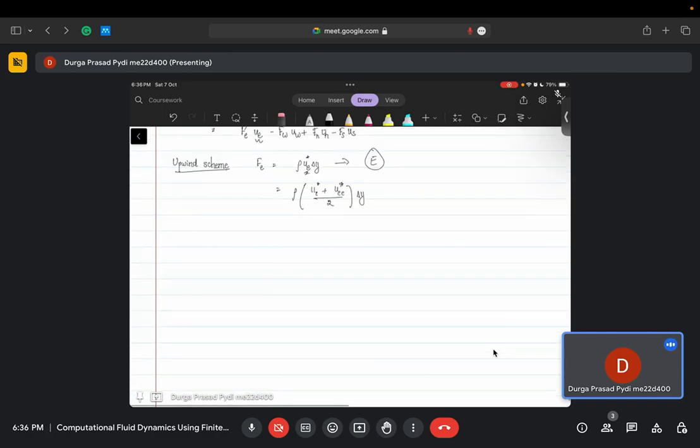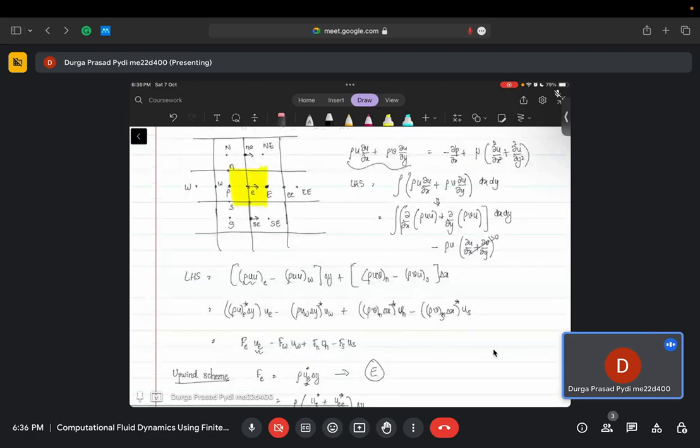Similarly your F west will also be in terms of which two face centroids? Little w and little e.